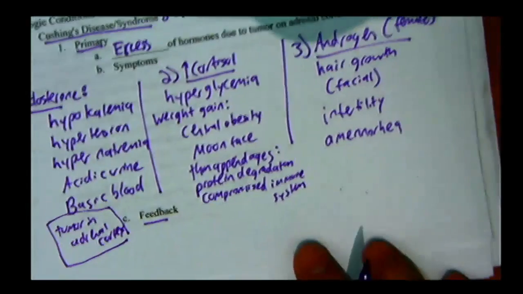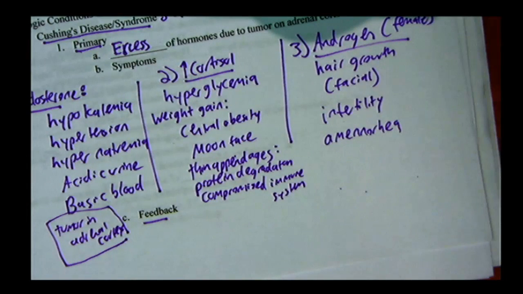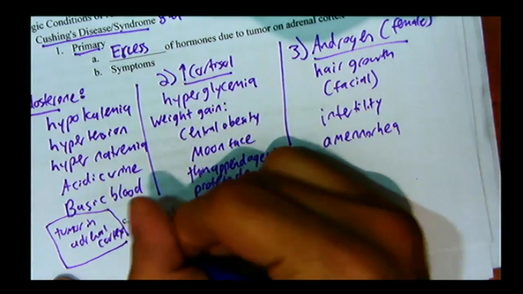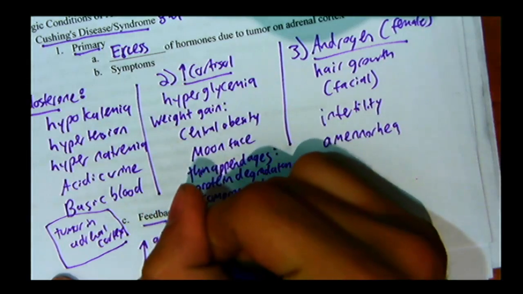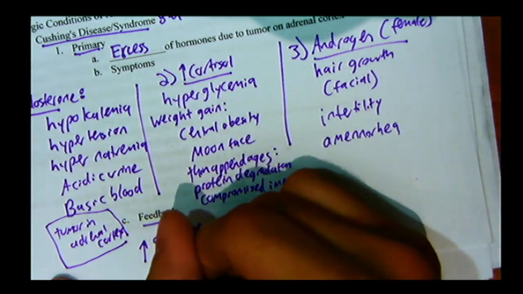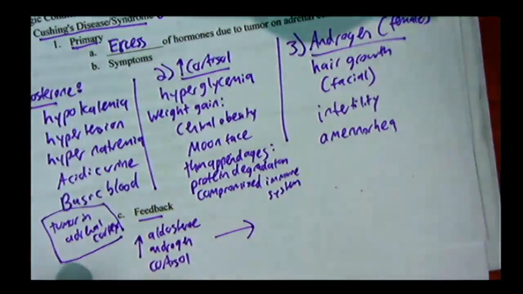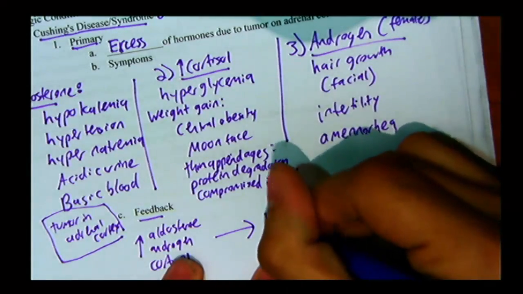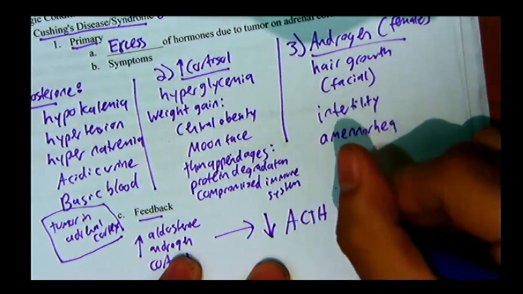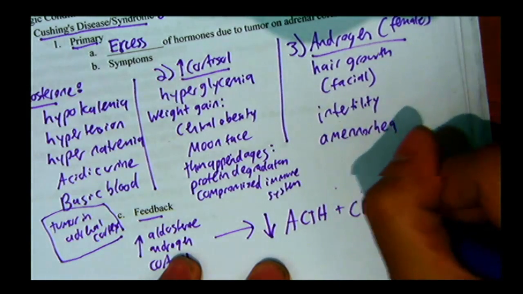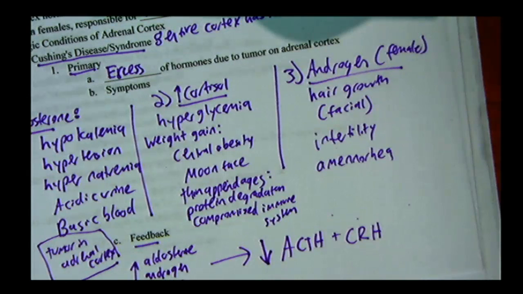Awesome. Decrease ACTH and what else? And CRH. So with primary, there's always going to be feedback. With any condition we talk about today, you'll have feedback for primary. You won't have feedback for secondary. Feedback is essentially an organ telling the brain to fix the problem. It's like if a kid is being overactive, it's the parent saying, okay, you need to slow down. It's the same kind of concept.